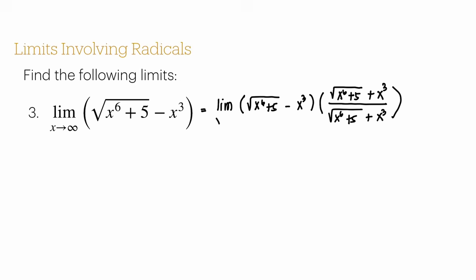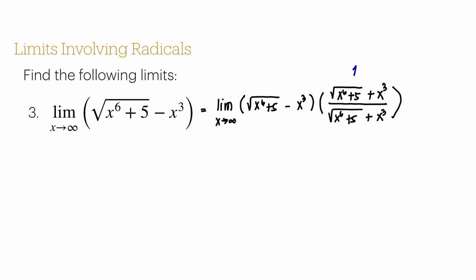So remember that if we multiply with a term in the numerator, we also have to multiply it in the denominator as well, because this is just equal to 1. And when we multiply something, it has to be equal to 1 so that we do not change the given. We're just changing its form.